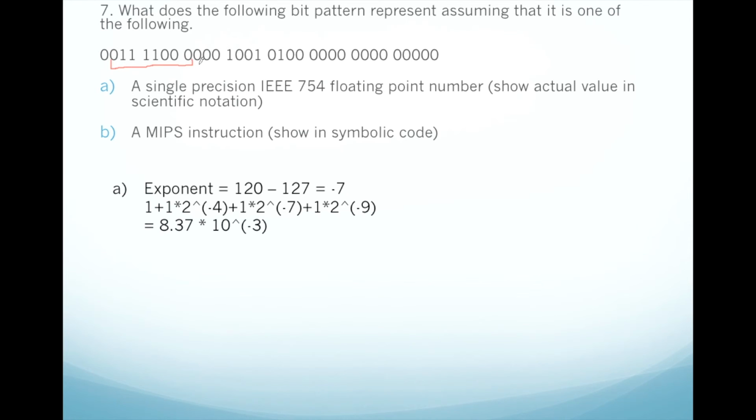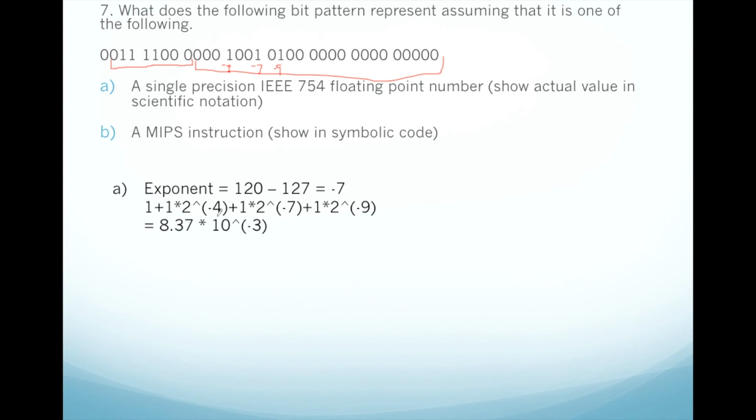And for the rest, you're going to do 1 plus, and then this mantissa part. So as you can see, this is negative 1, negative 2, negative 3. This will be negative 4, and this will be negative 5, negative 6, negative 7, negative 8, and negative 9.